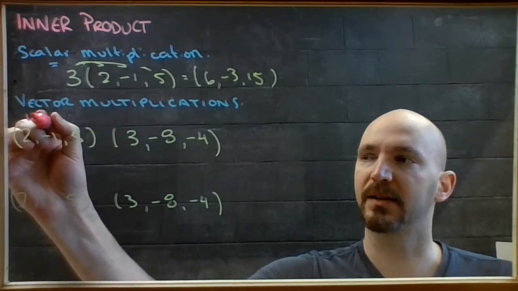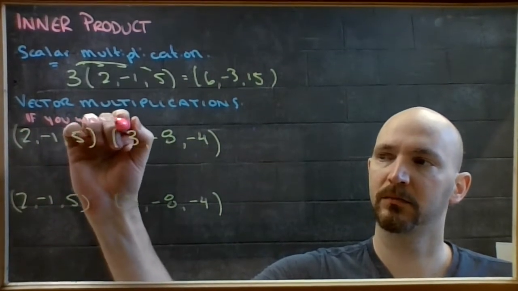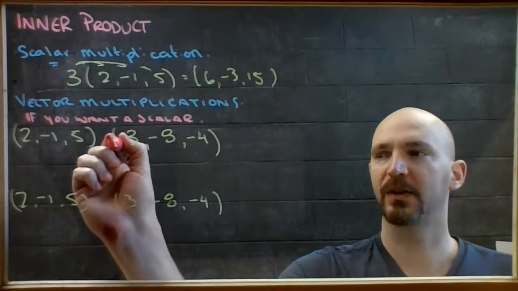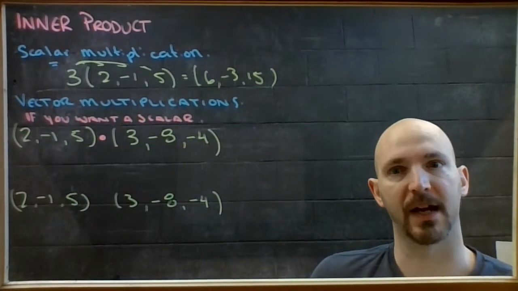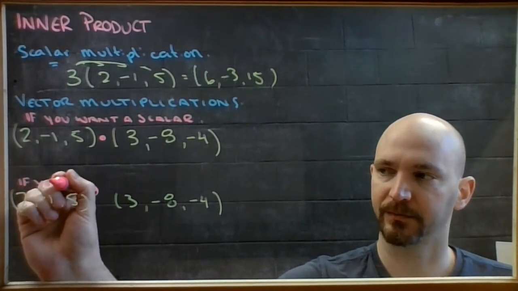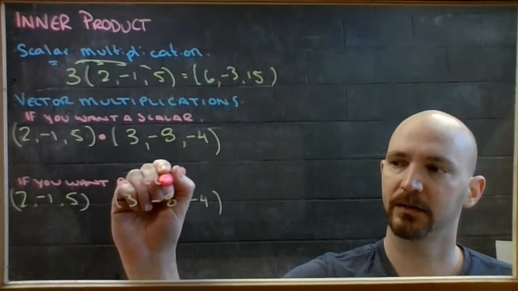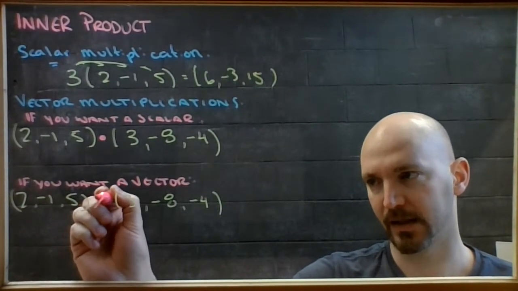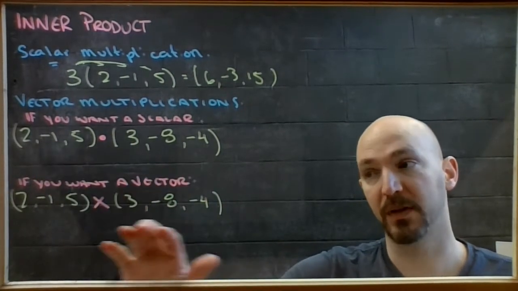If you want a scalar as an answer, you're going to use the dot product, because we use a dot to show the type of operator. If you want a vector as an answer, the symbol is an X or a cross. So this would be a dot product, and this would be a cross product.